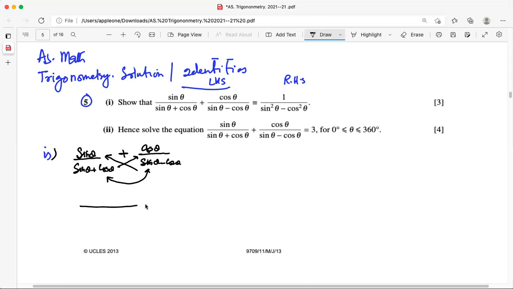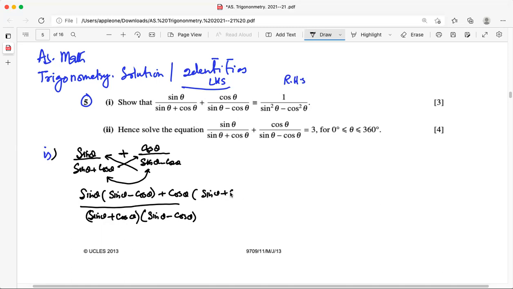Now see, sine theta plus cos theta into sine theta minus cos theta. So sine theta multiplies with sine theta and minus cos theta, and plus cos theta multiplies with sine theta plus cos theta.